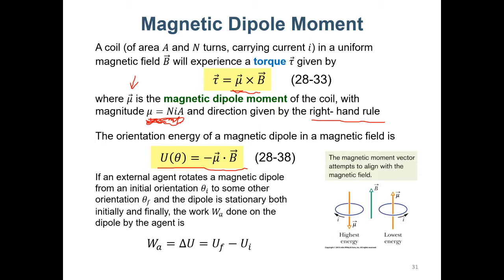If the current is going this way, this is counterclockwise, this is clockwise, and so this dipole moment points upward.